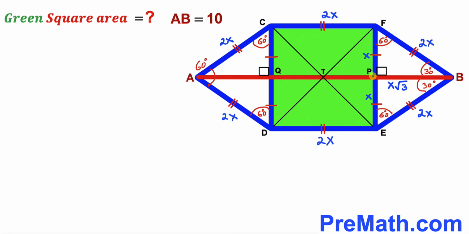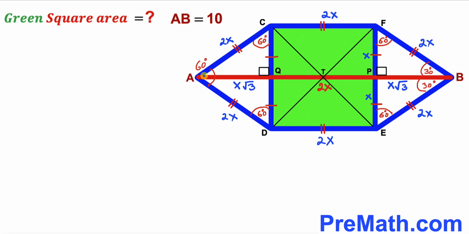If segment BP length is x times the square root of 3, then segment AQ is going to be x times the square root of 3 as well. And furthermore, we can see that the PQ segment length is equal to the side CF length, which is 2x. So the PQ length is going to be 2x as well.